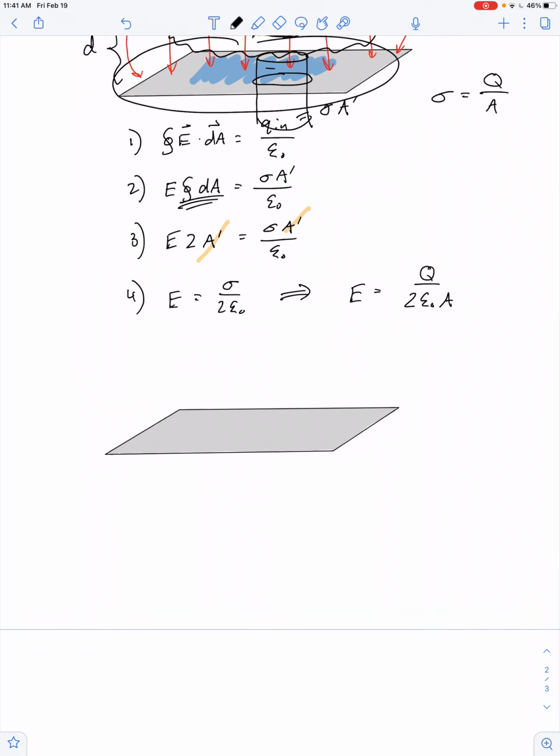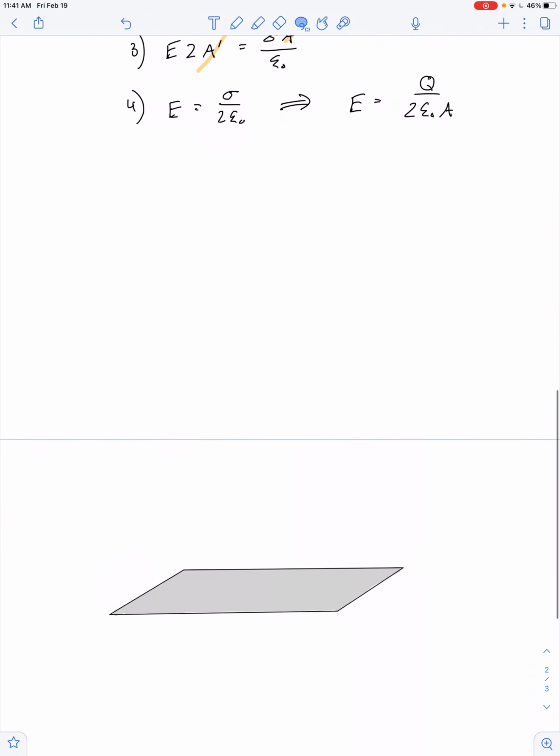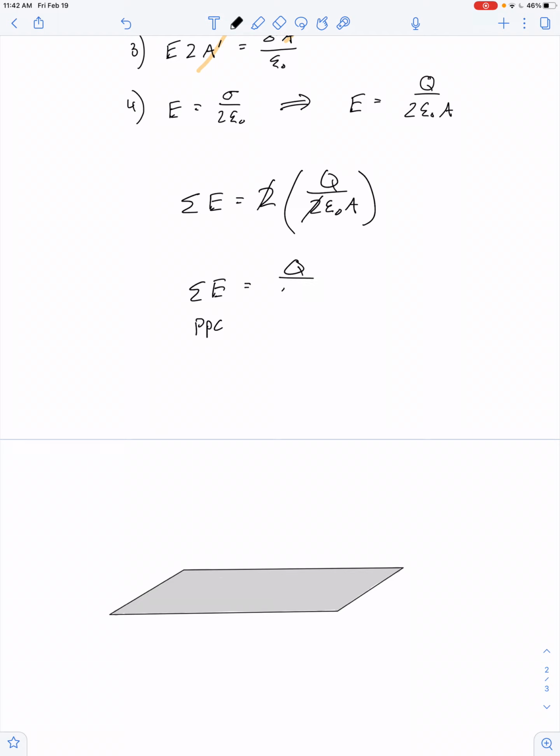So the net electric field is equal to 2 times Q over 2 epsilon naught A. Or in other words, the net electric field in the space between the parallel plates of a parallel plate capacitor is equal to Q over epsilon naught times A.